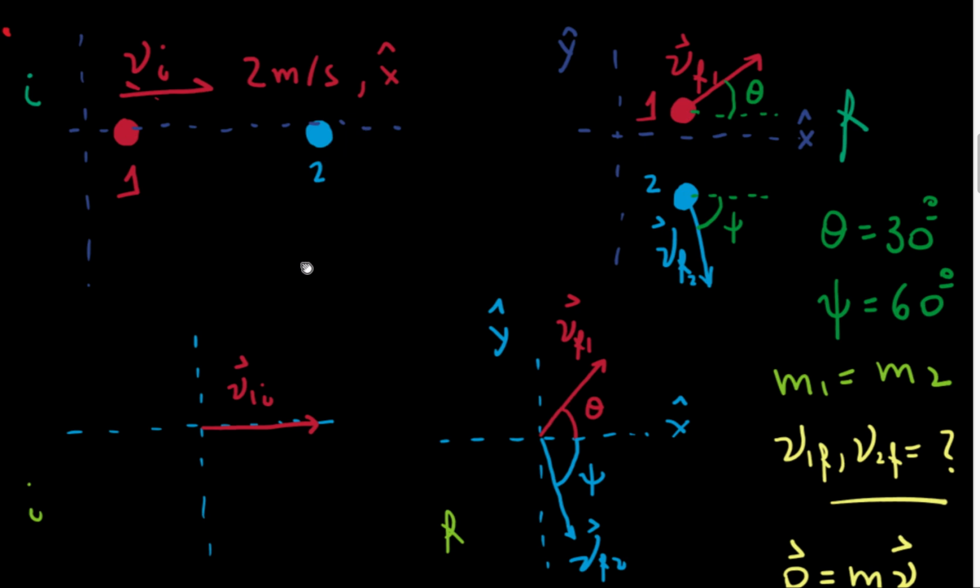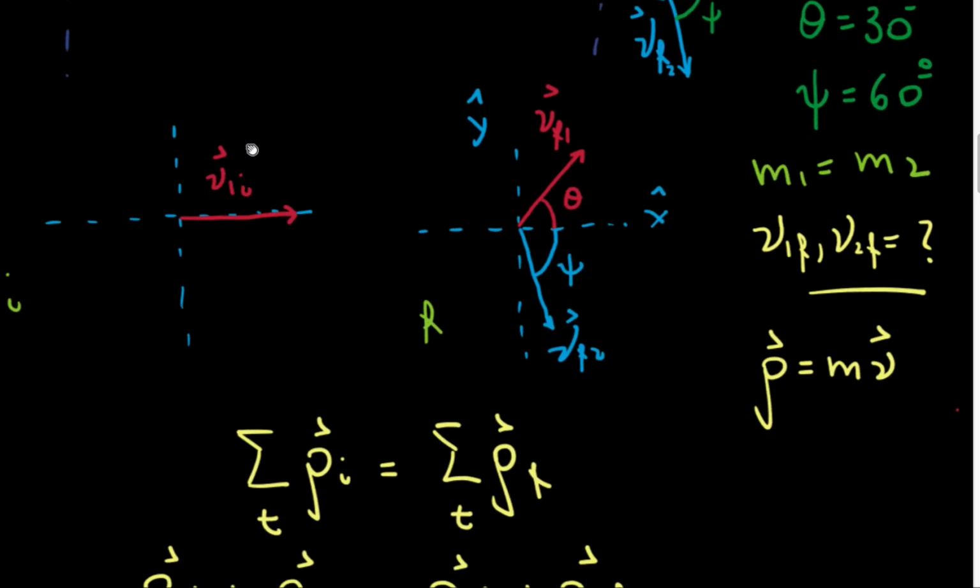Let me repeat that. Because object number 1 is the only object that has momentum, and it only points in one dimension, and object number 2 has no momentum, their combined initial momentum is only in the x.